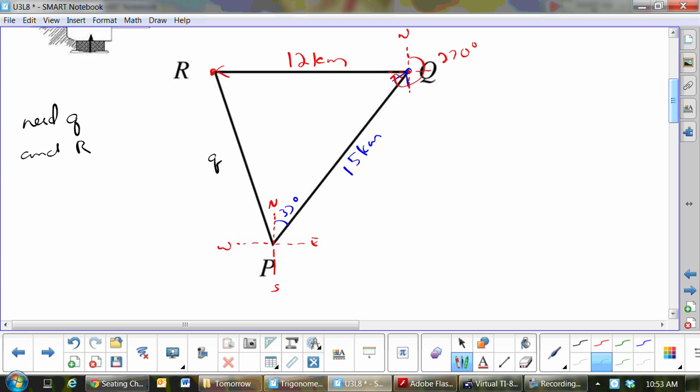But I need everybody to see that these are parallel lines. Okay, does everybody see that? And you see that this angle here would be this angle here. Okay, so this is 37 degrees.